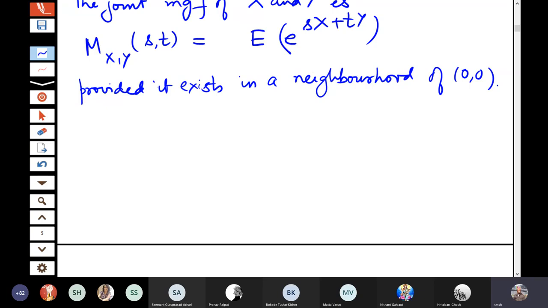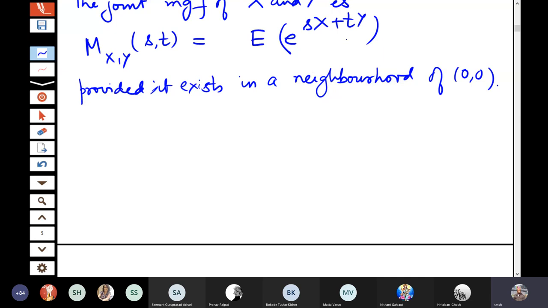And if it exists in a neighborhood of 0, 0, then all the integral order moments, product moments will exist. This expectation of e to the power sx plus ty, you can write as e to the power sx into e to the power ty. That means it is a product of expectations.